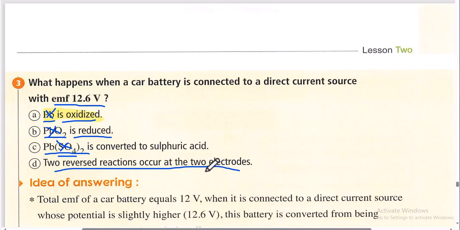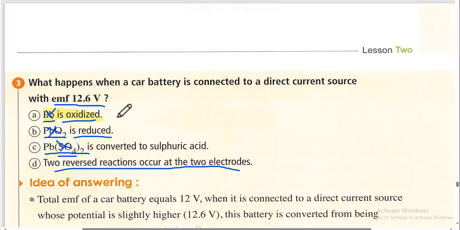And the cathode of the galvanic cell, where there is a reduction, is reversed into the anode in the electrolytic cell, so the reduction converts into oxidation. So what really happened? Two reversed reactions occur at the two electrodes.